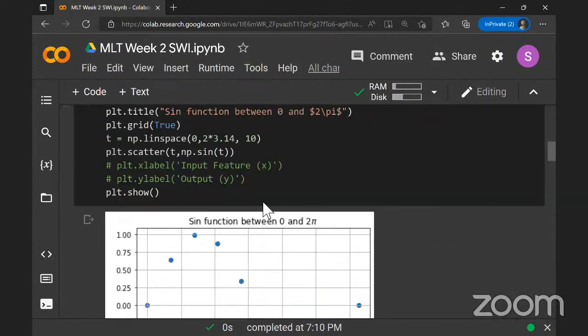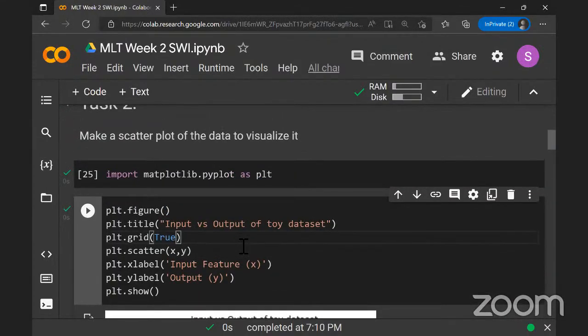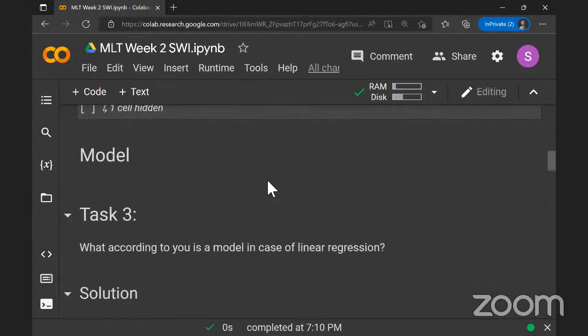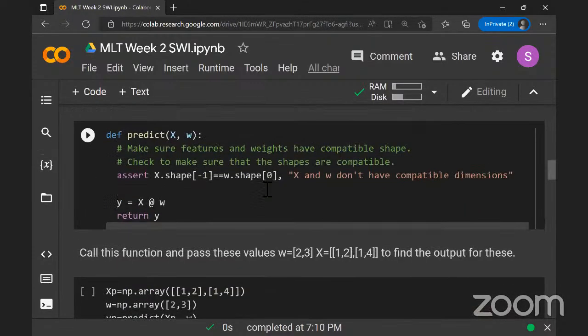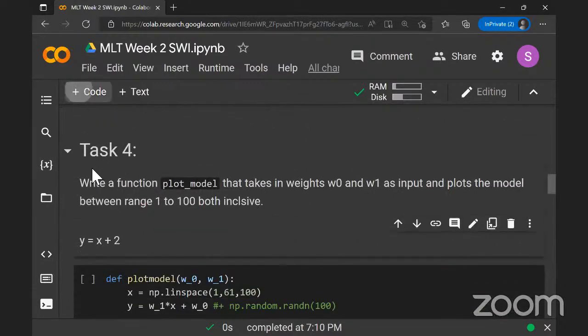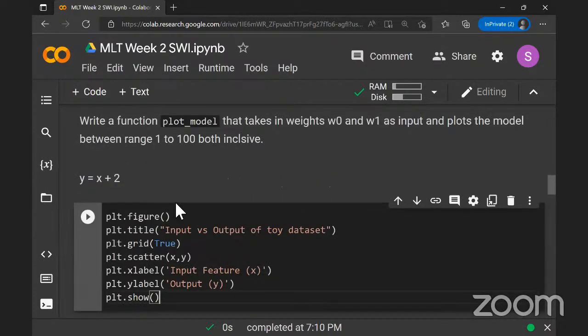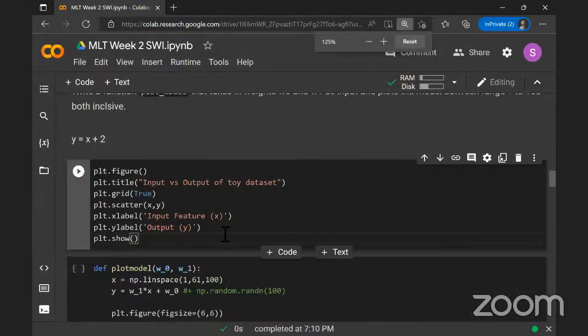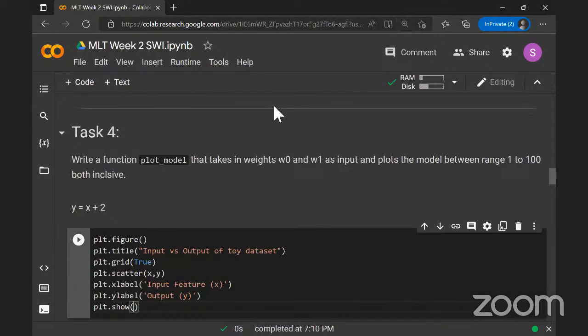Okay, I should copy that over here. Write a function plot_model that takes in weights W0 and W1 and plots the model between range 1 to 100.